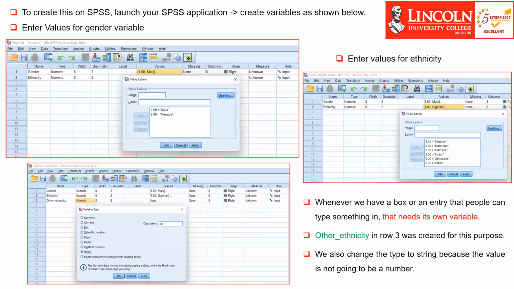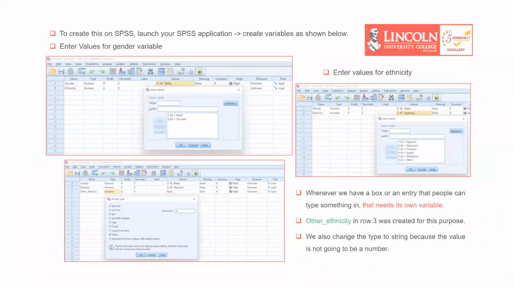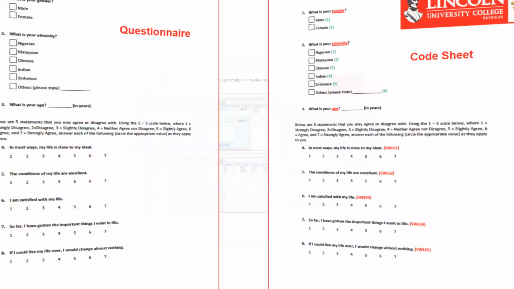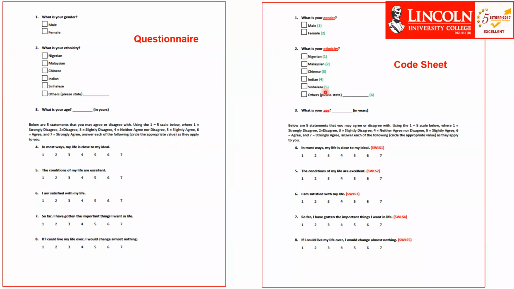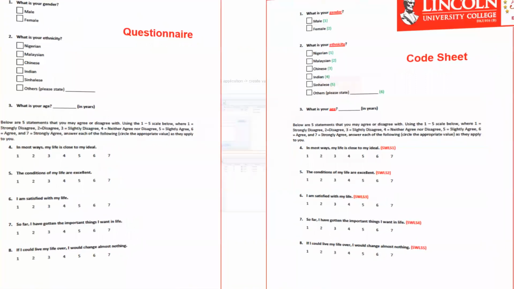Remember that the other ones were represented with digits, 1, 2, 3, 4, 5. Even though this one was also represented with a figure, when your user wants to enter their values, they will not enter a number, they will enter the name of the ethnic group they belong to. So that is not a digit, that is a string, a text rather.